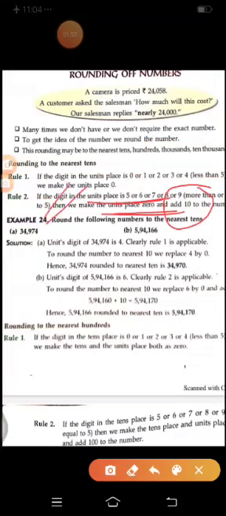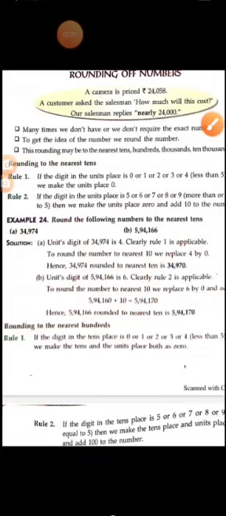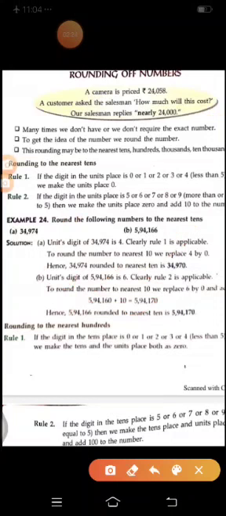In this example, we have to round off the number to the nearest tens. We have the number 34,974. So according to the first rule, here 4 is less than 5. So we make 0 at the unit place and our number will be 34,970.